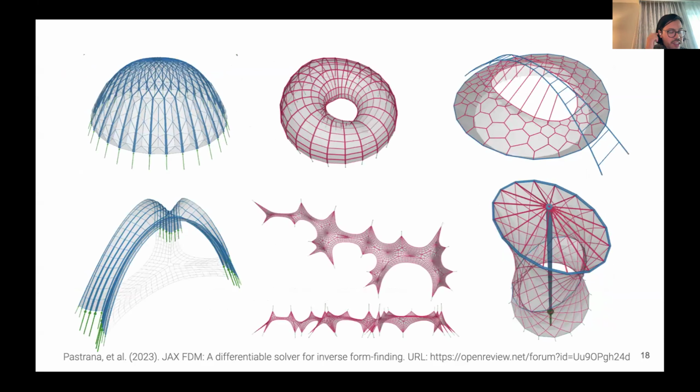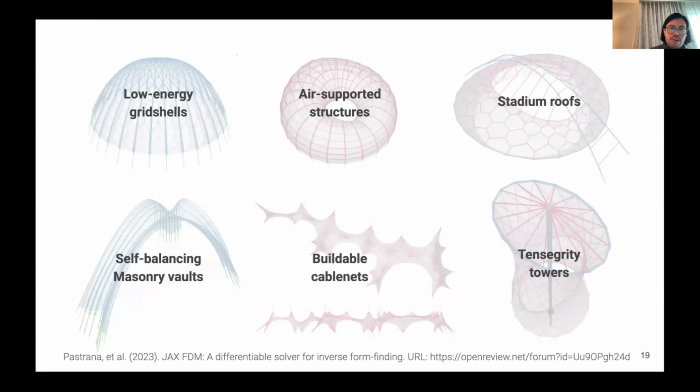This gives you and us the ability to solve a wide array of constraint form finding problems for structures that work under compression, here denoted in blue, tension denoted in red, and combinations of the two. And each of these structures corresponds to a different problem. We can do low energy grid shells, we can do cable nets that have target lengths, we can do air supported structures or inflatables that best fit some arbitrary shape, all of that with one single tool.